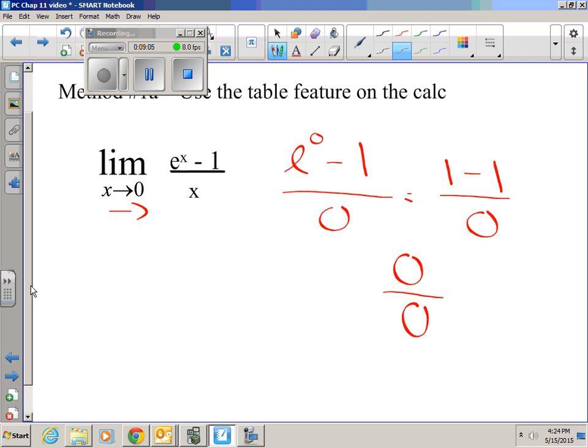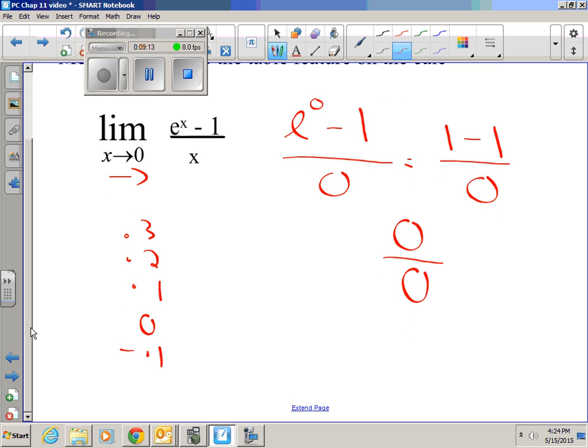For x, I'm going to go 0.3, 0.2, 0.1, 0, -0.1, etc. Look on the table and see what I get for y. And I'm actually going to find that as x goes to 0, the limit of this function is approximately 1, by looking at my graph and or by looking at my table feature.